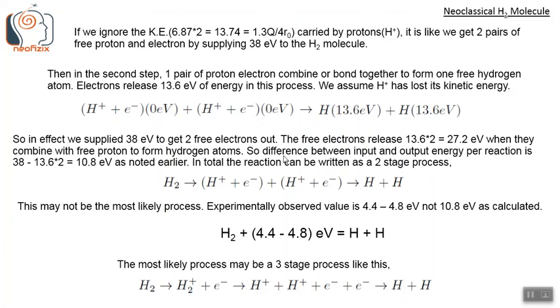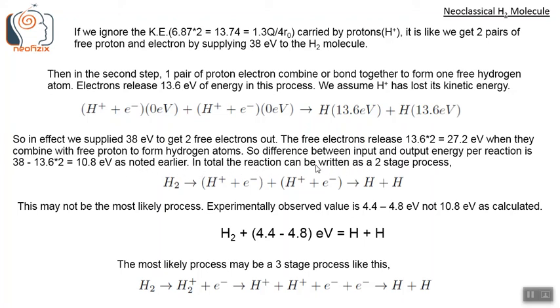And in the first step, in order to get these free electrons and protons, we had supplied 38 electron volts. So overall, the difference between the input and the output energy per such reaction is 38 minus 13.6 times 2, which is 10.8 electron volts, as noted earlier.